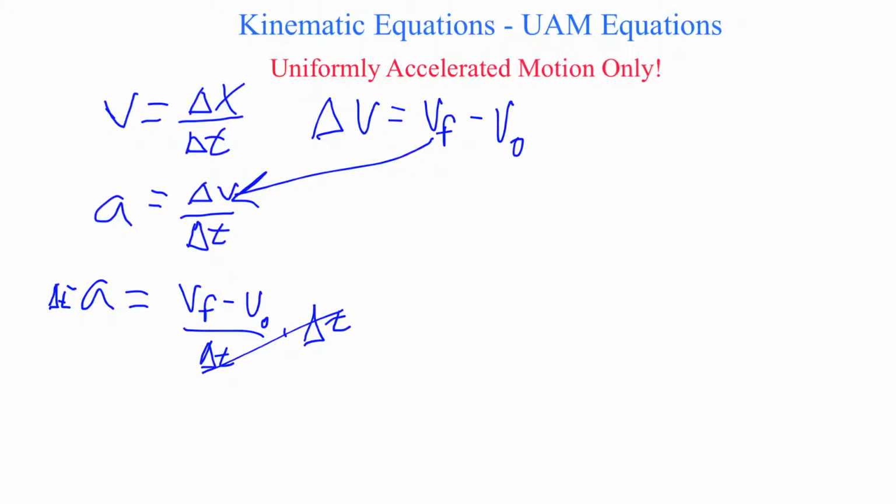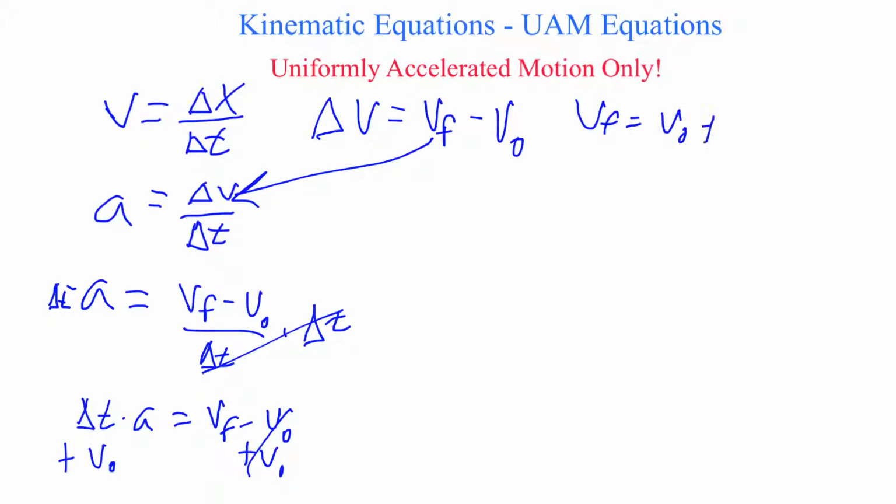Those go away. We get delta t times acceleration equals final velocity minus initial velocity. Let's add the initial velocity to both sides, and we get that the final velocity equals the initial velocity plus acceleration times time.